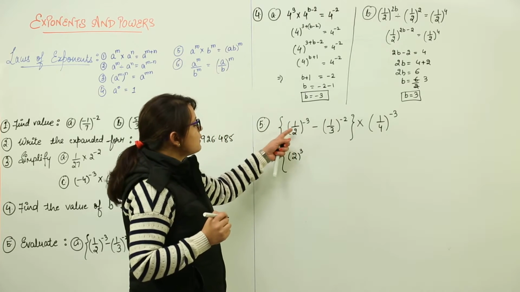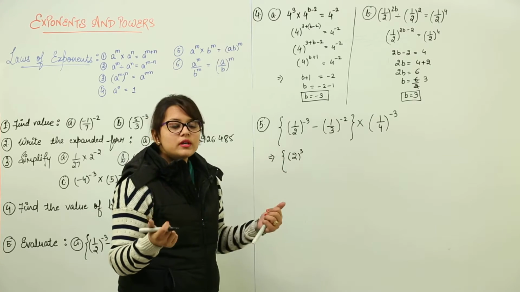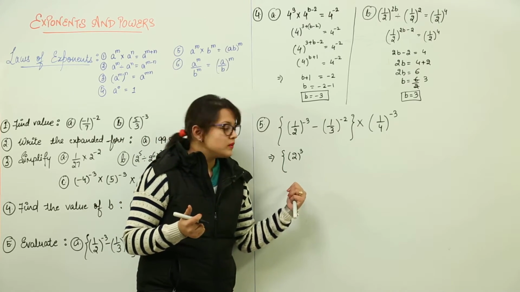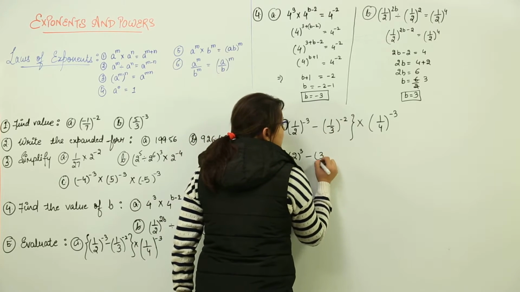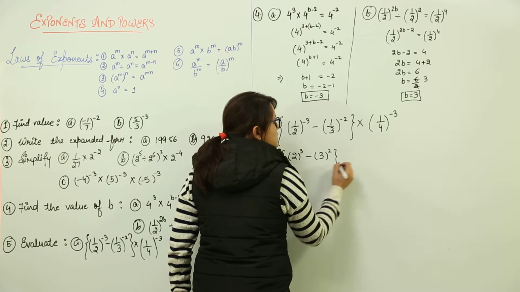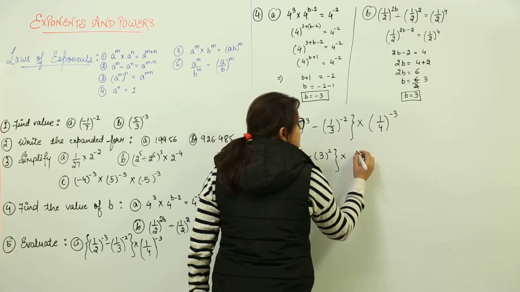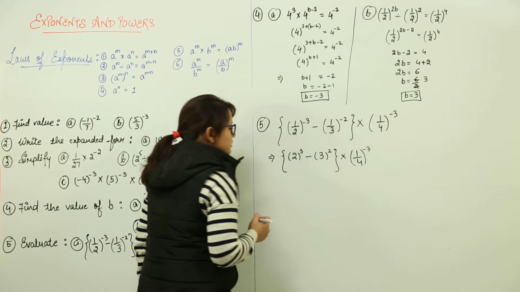If I write the reciprocal of 1 by 2, it would be 2 by 1, and 2 by 1 is actually equal to 2 only, right? Similarly, if I reciprocate this also, what do I get? 3 raised to power 2. That's it. And out of it we are remaining with 1 by 4 raised to power minus 3.